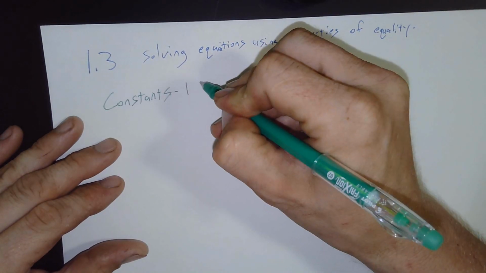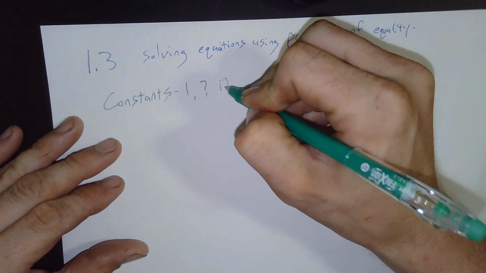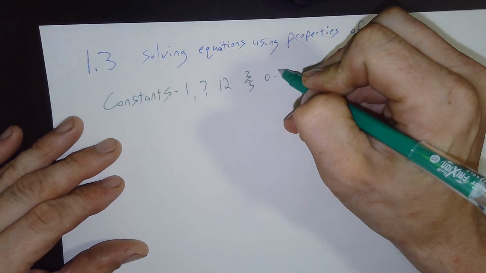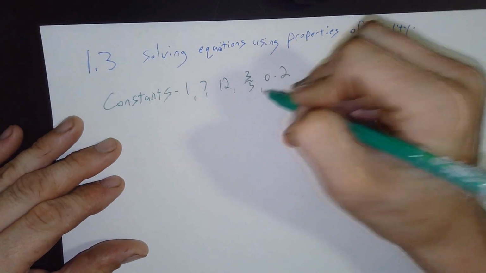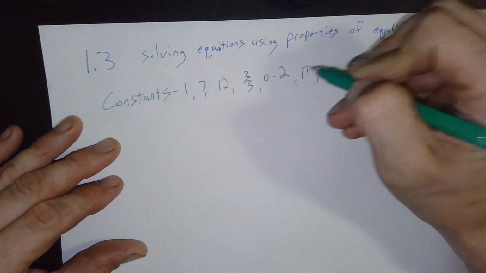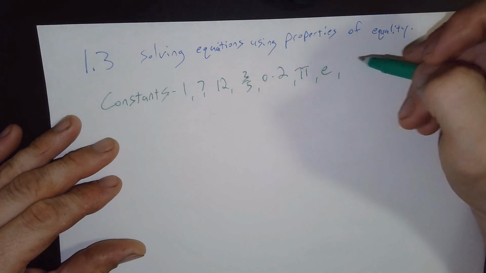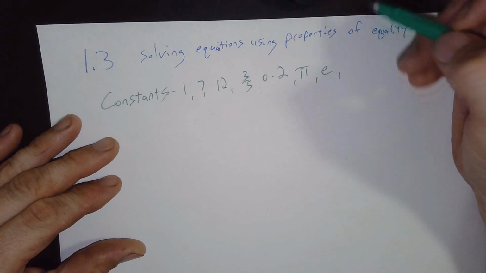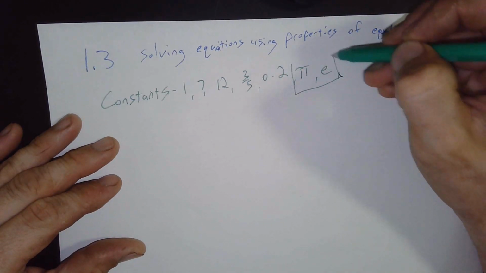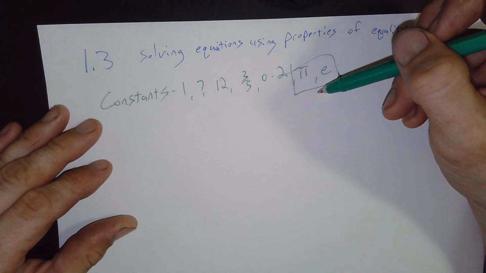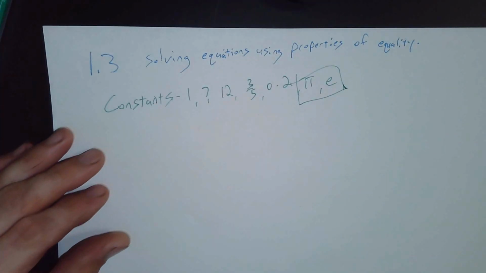They could be like 1, 7, 12, 3/5, 0.2, pi, or e. These are numbers without variables.